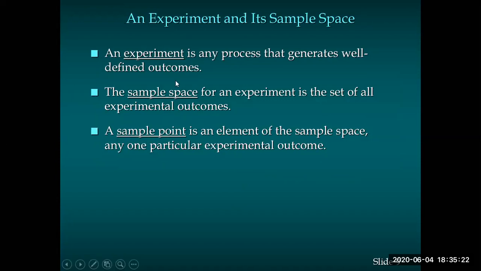Okay, so an experiment and its sample space. Now, these are technical terms. I just told you that an experiment is a process that generates well-defined outcomes. Like in the case of a die tossing, we had 6 well-defined outcomes, 1 to 6. If we roll a die once, we may get a single number turning up.